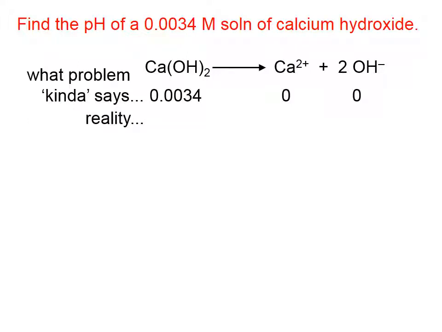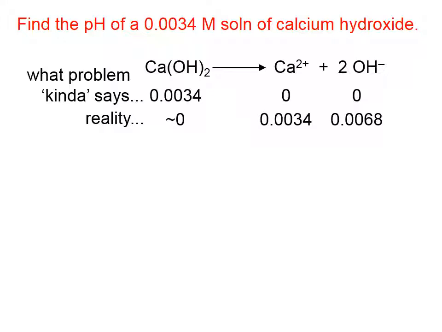But because calcium hydroxide is a strong base, we are to assume 100% dissociation, which means what's in the solution is basically zero neutral calcium hydroxide molecules and 0.0034 molar calcium ion and 0.0068 molar hydroxide ion.